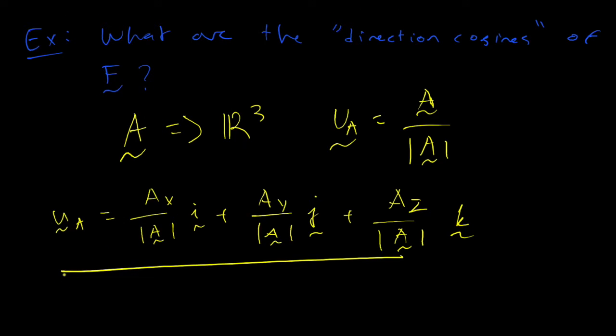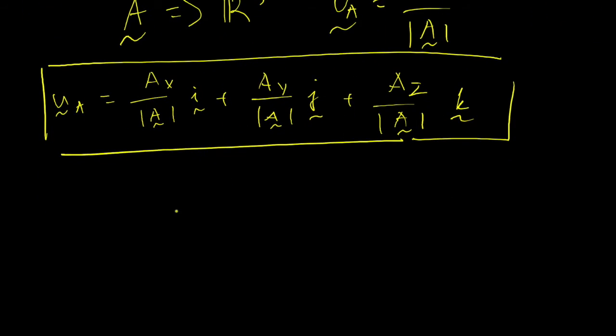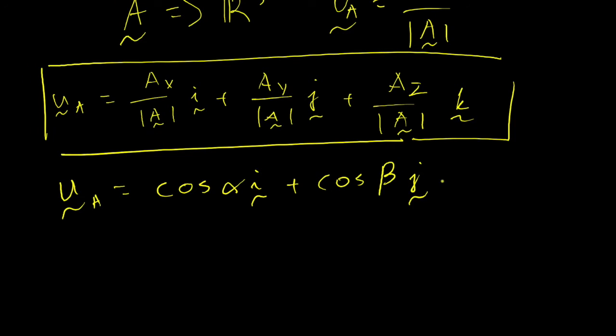This expression right here can also be shown in the following way: the unit vector of A is cosine alpha in the i direction plus cosine beta in the j direction plus cosine gamma in the k direction. So these two equations can be interchanged.